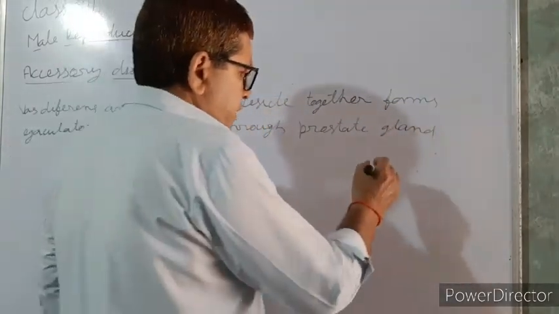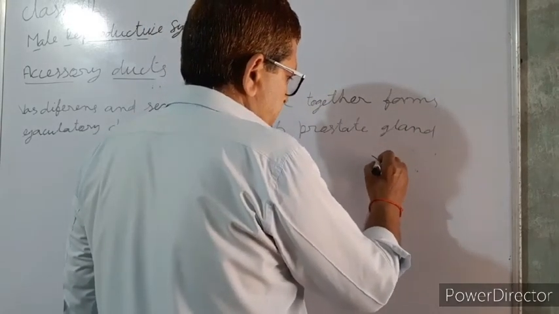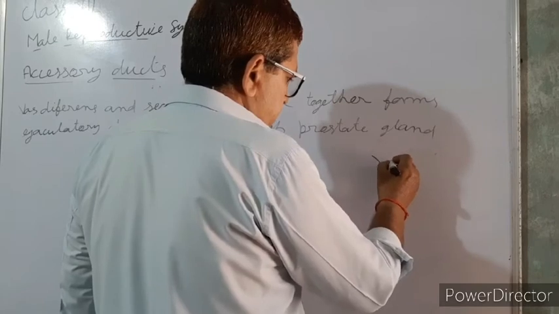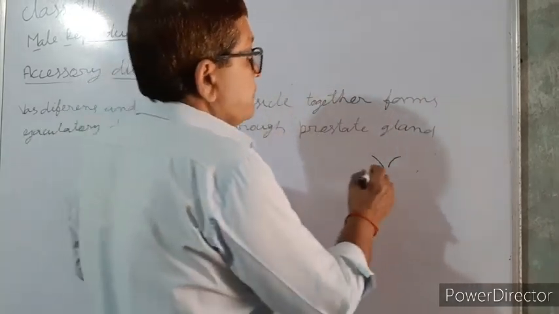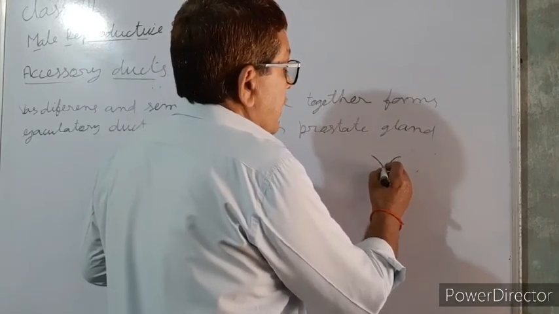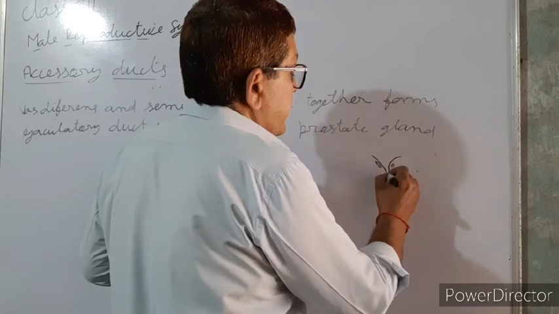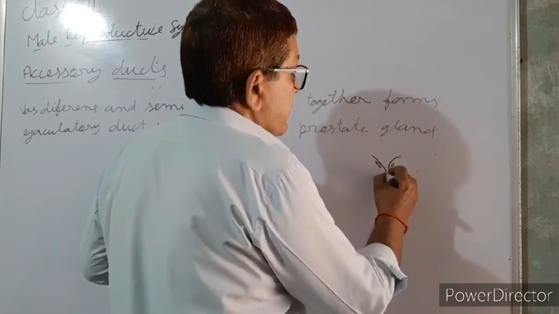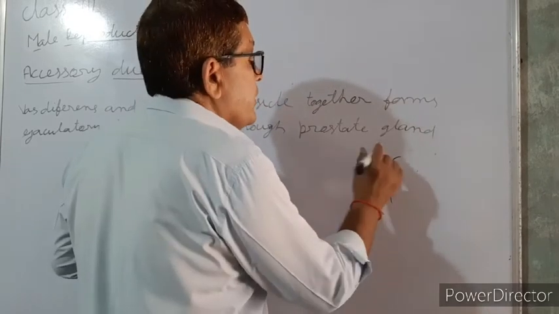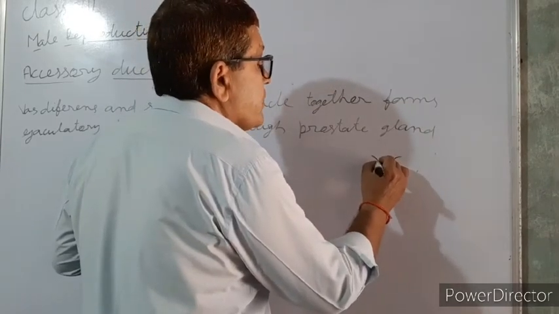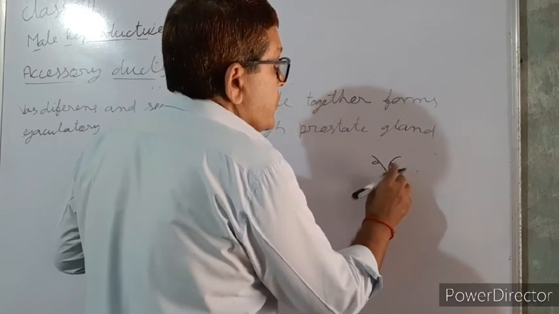In the structure you have studied, this is the vas deferens, and here are the seminal vesicles joined here, and this is the prostate gland.